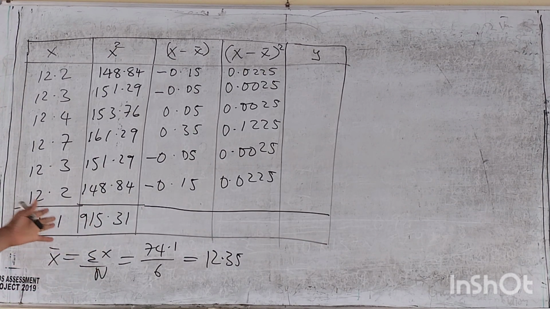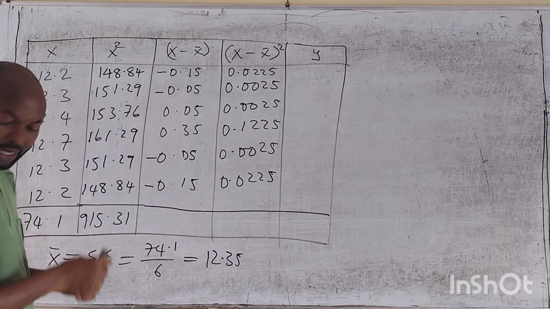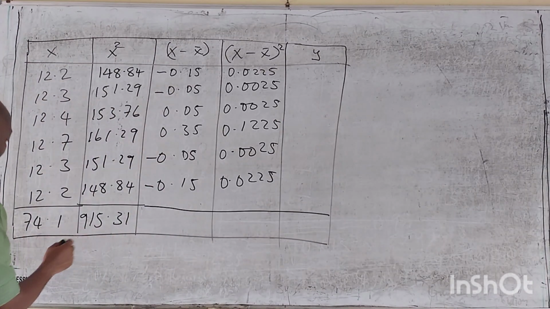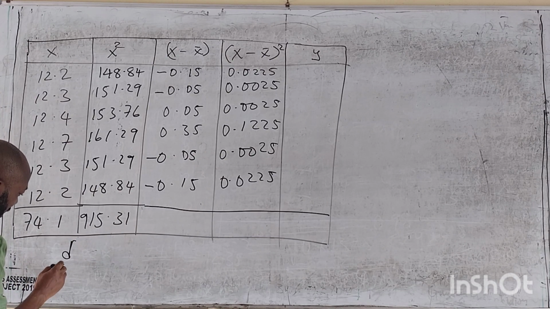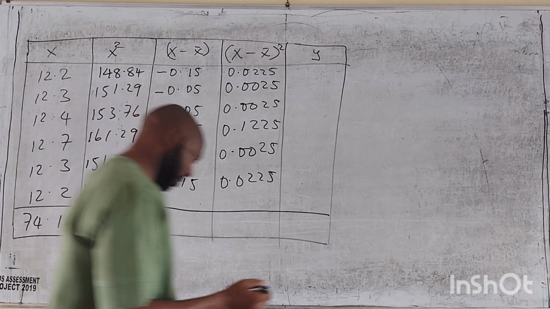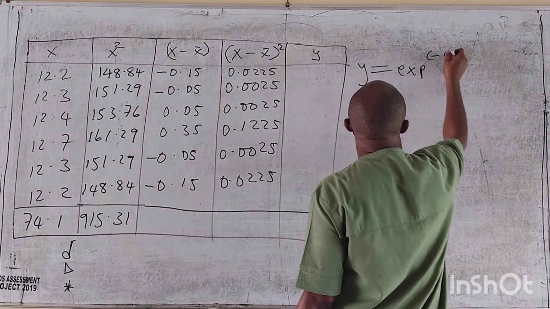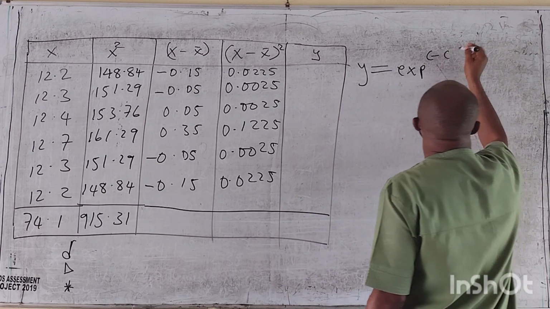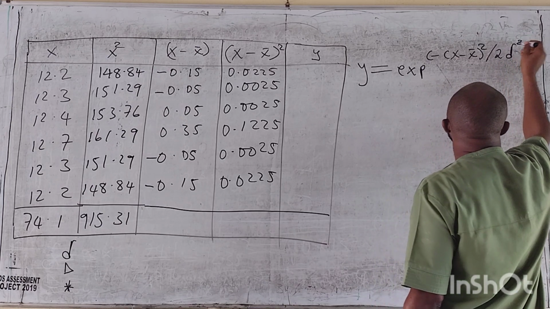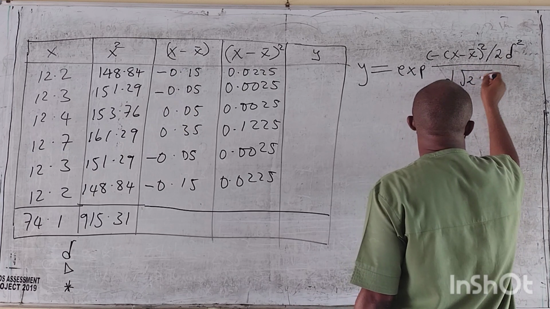Before we proceed to that, we must get our standard deviation so that we know what to do. If this is our mean, I'm done with the mean, so let me take out the mean. I don't need it again. I need my standard deviation, the down part and the other part. So let me start. I have y equals exponential minus x minus x bar squared divided by 2 d squared, all over d root 2 pi.